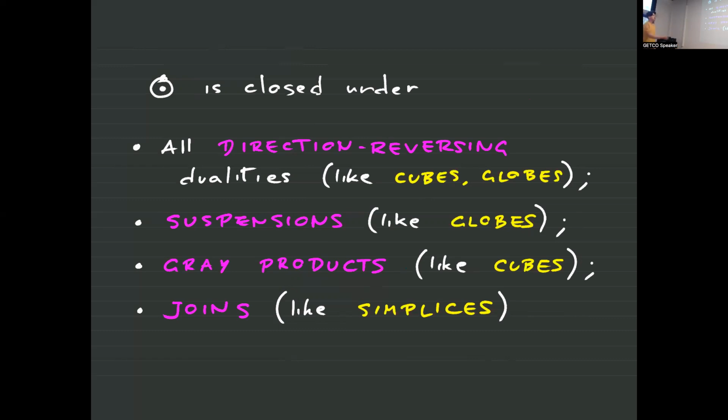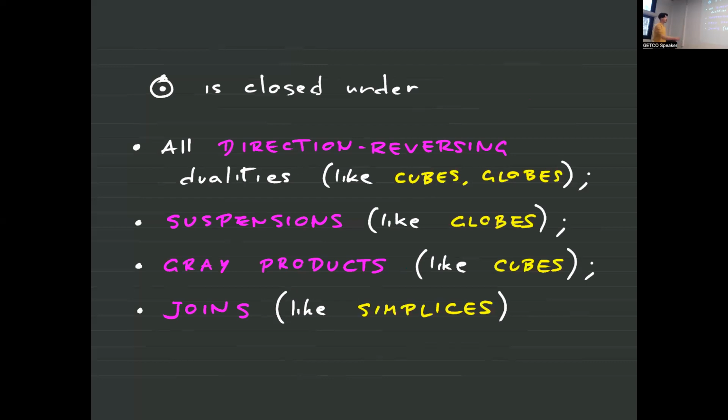One operation is reversing the direction of cells in a given dimension. The category is closed under this, so you can reverse all the orientations in any given dimension and that's still going to give you something in the category. It is closed under suspensions, which it shares only with the category of globes.